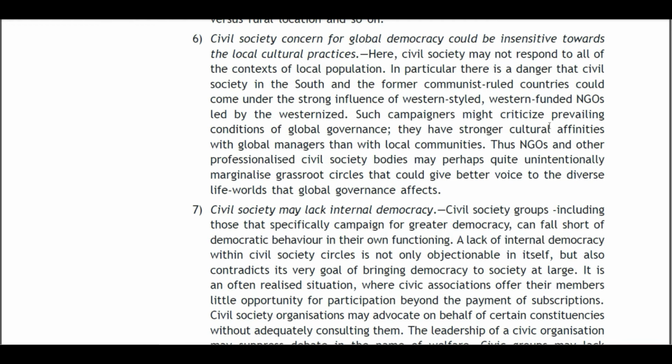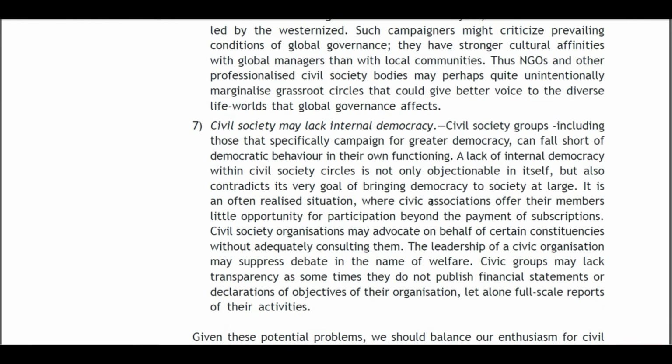Such campaigns might criticize prevailing conditions of global governance. They have stronger cultural affinities with global managers than with the local communities. Thus, NGOs and other professionalized civil society bodies may perhaps unintentionally marginalize grassroots circles, and that could give better voice to the diverse life worlds and global governance effects.